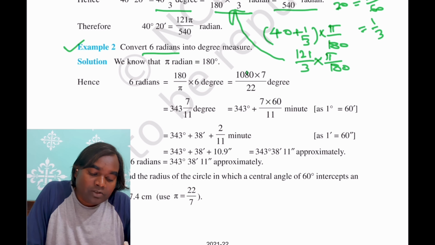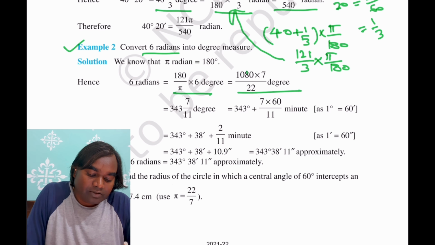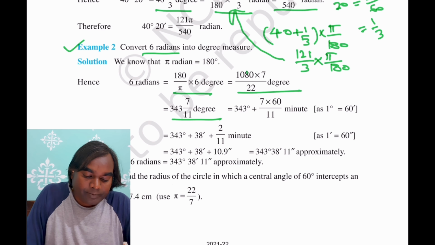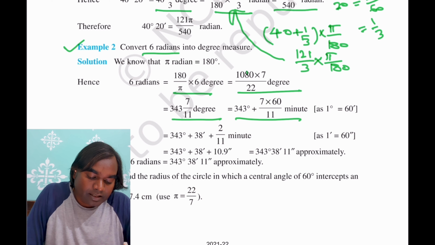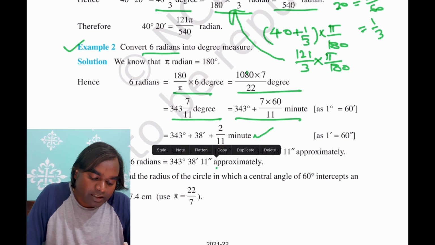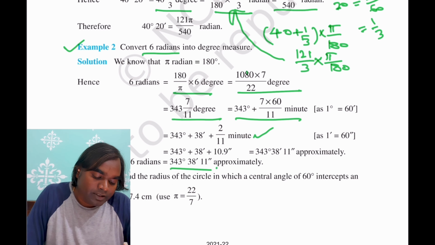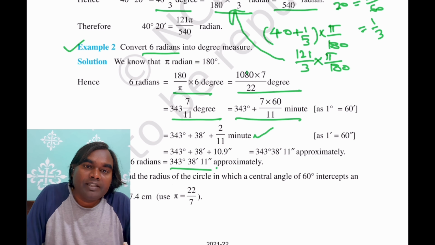So 6 radian is equal to 180 by pi into 6, and you can simplify this. This can be converted into minutes and seconds. So after simplification you will get this answer: 343 degree 38 minute 11 second.